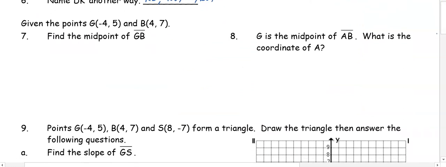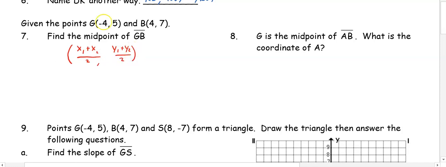In number 7, given the points G is at -4, 5 and B is at 4, 7, find the midpoint of GB. Well, if GB is the segment, those are endpoints. So to find your midpoint, you're going to use your midpoint formula, which is x1 plus x2 divided by 2 and y1 plus y2 divided by 2.